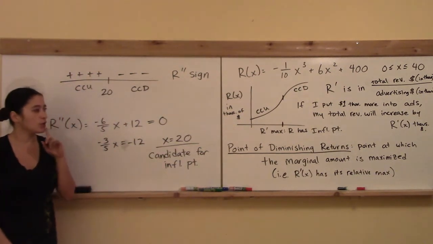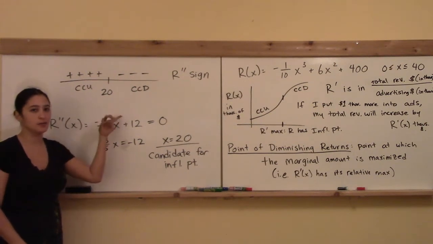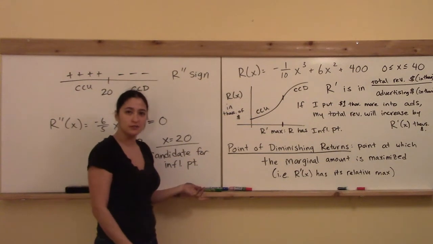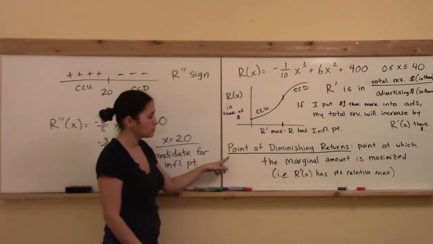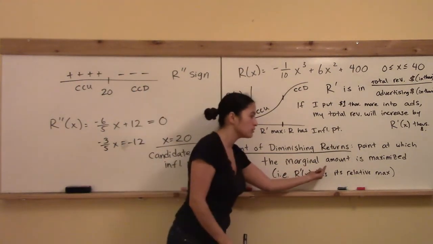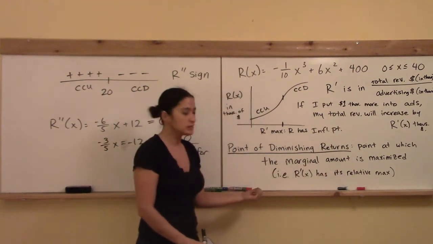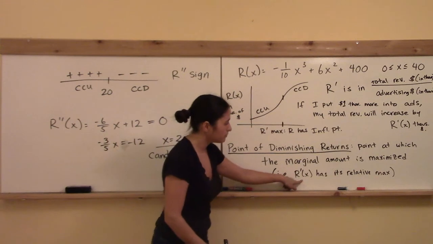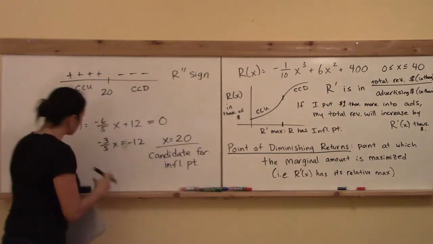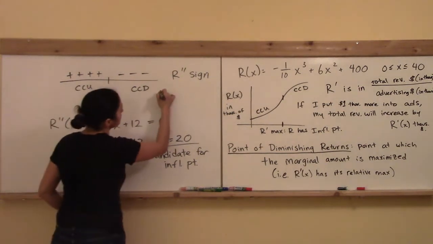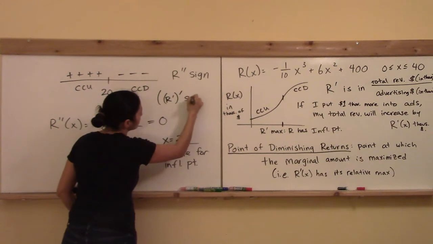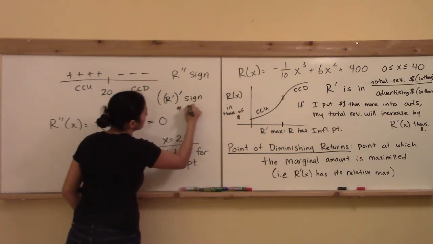Okay, so let's try to make this sign number line agree with what we know about the first derivative test. Because here, I've told you that the point of diminishing returns is a point at which a marginal amount is maximized, which is to say, the first derivative has a relative max. If the first derivative has a relative max, I could really see this as the r prime sign number line.